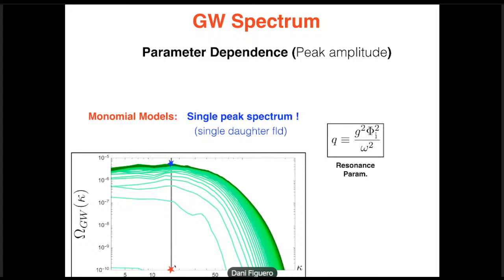Both the height of the peak and the location of the peak are essentially controlled by the resonance parameter. The resonance parameter codifies all the physics: the strength of the coupling of the dotted field to the inflaton, the initial amplitude of the inflaton just when the oscillations start, and the typical frequency of these oscillations, which is nothing else but a measurement of the curvature of the potential of the inflaton at the onset of the oscillations.